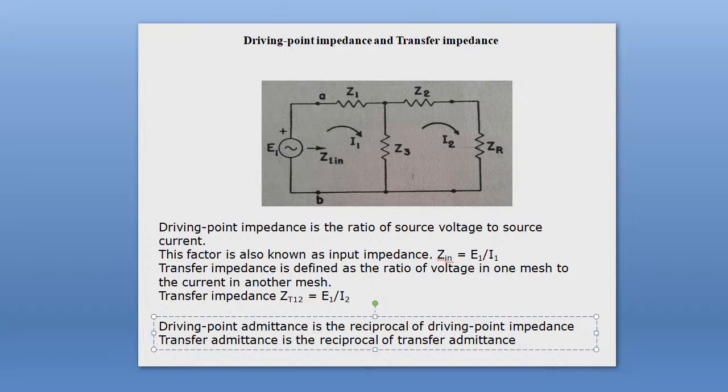To design such a cascade form of amplifier, we need to know their driving point impedance and also transfer impedance. If you connect several transistors in cascade form in order to increase the gain of the overall system, we need to know the driving point impedance as well as transfer impedance to avoid the mismatch condition of these transistors.